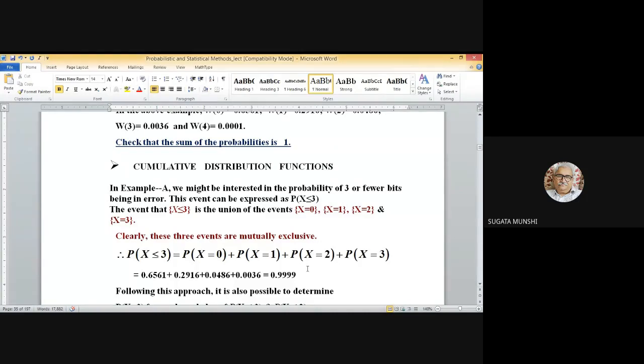That could also have been obtained by considering that capital X less than equal to 3 means 1 minus the probability of capital X equal to 4. Do you understand? That would have yielded the same result.